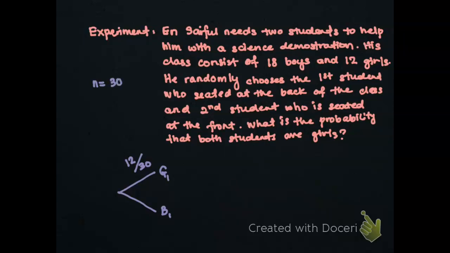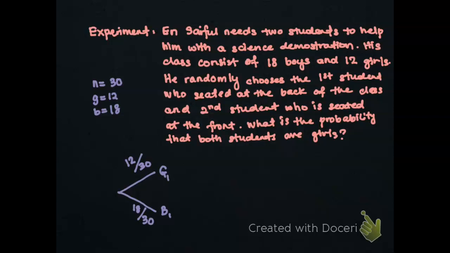So the girl will be 12 over 30, and the boys will be 18. So the probability for the boys on the first event here will be 18 over 30.